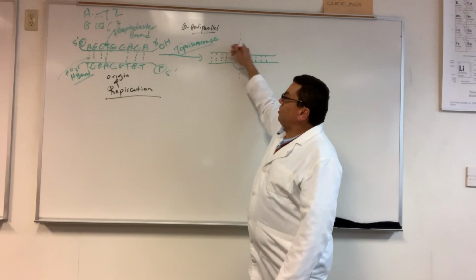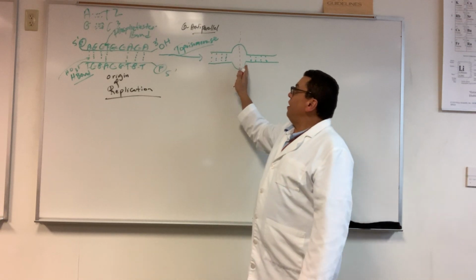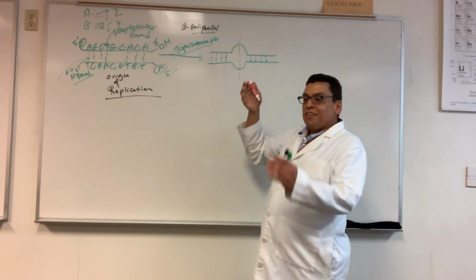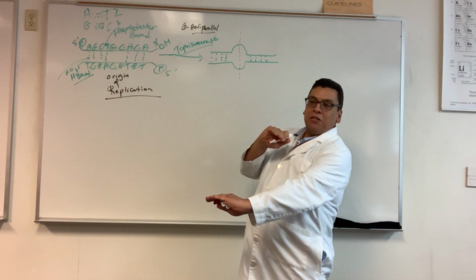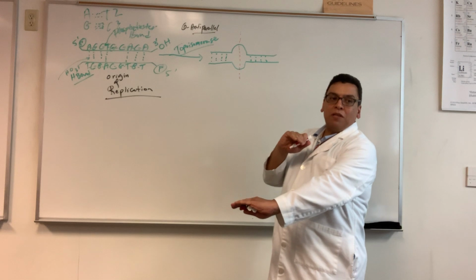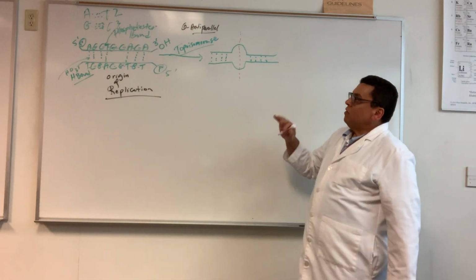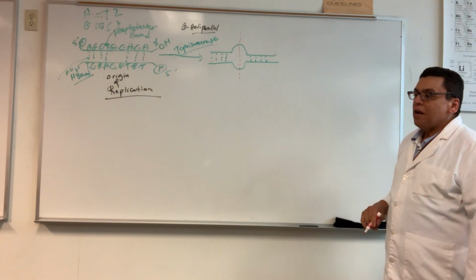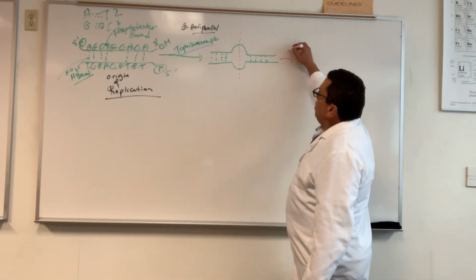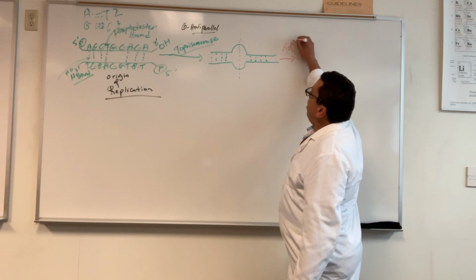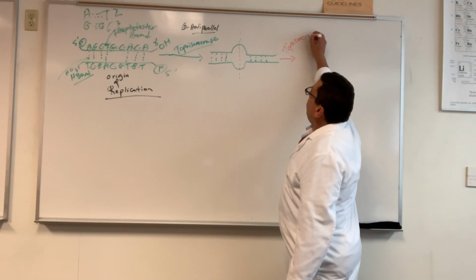So if this is going this way on this one, it's going this way on this one. It's a mirror image, but the image is inverted. Are we catching that? And you'll see it as we develop it. So the first enzyme that comes in is topoisomerase. Now watch this. The next enzyme that comes in is a different kind of topoisomerase, but it's still topoisomerase.